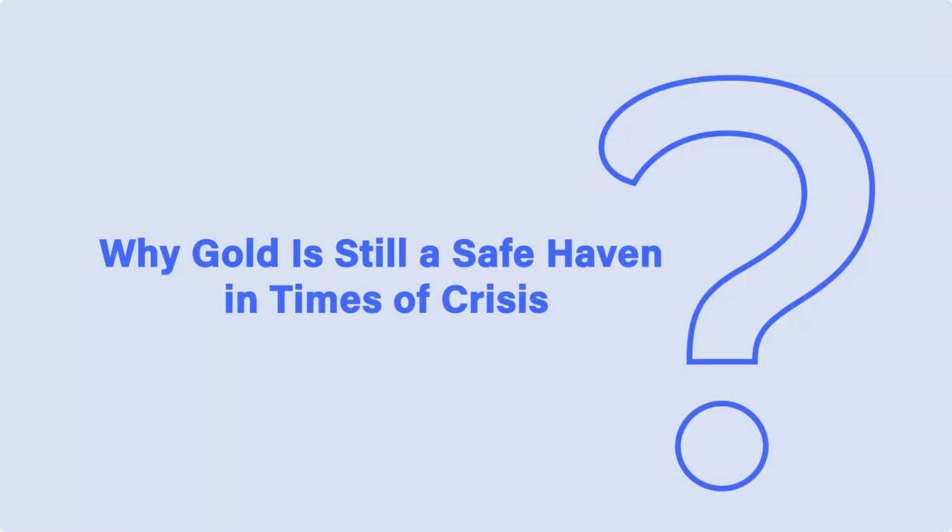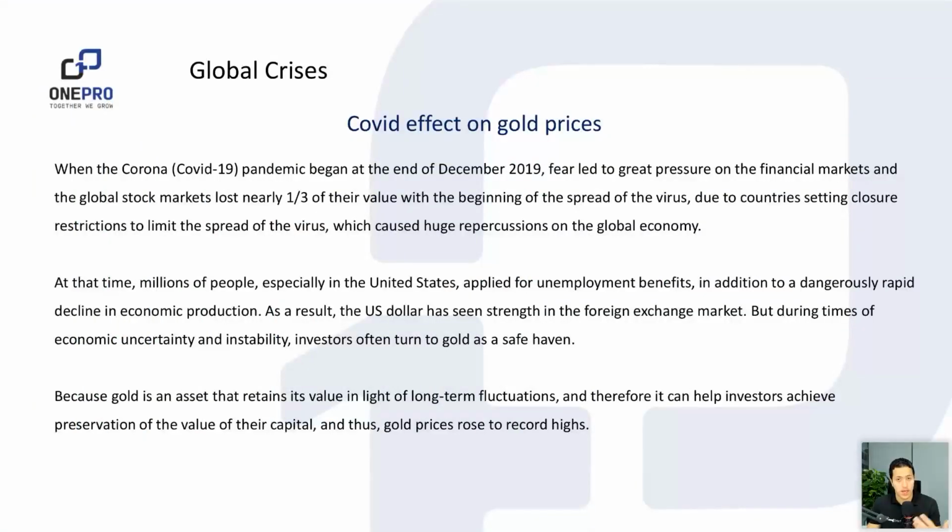Having a look also at the COVID effect on gold prices, I do really believe that most of you traders have witnessed what happened to gold prices affected by the COVID crisis back in 2019 and 2020. Simply put, when the COVID crisis hit, all of the factories were shut off.